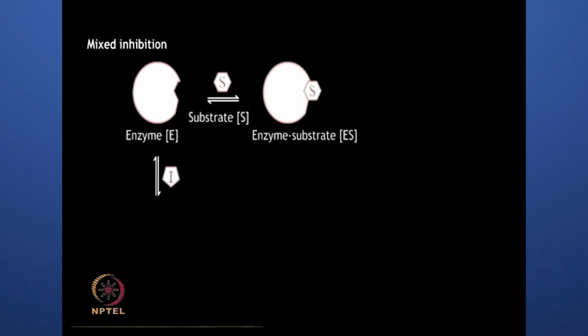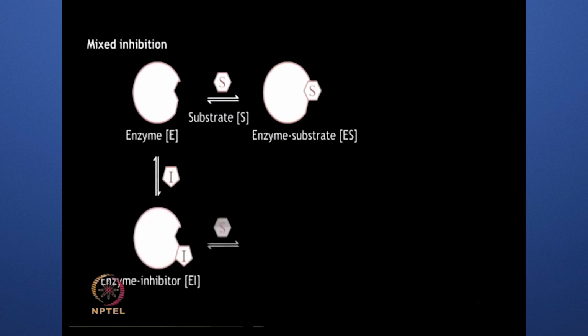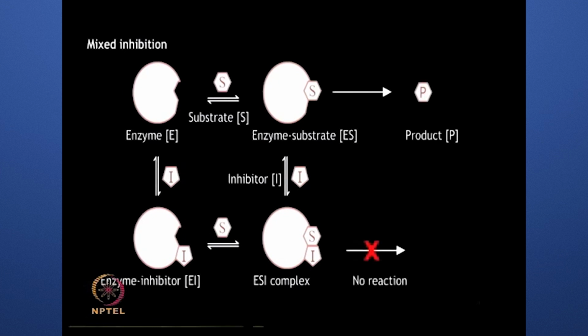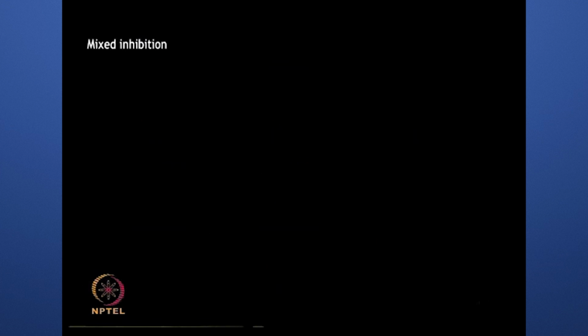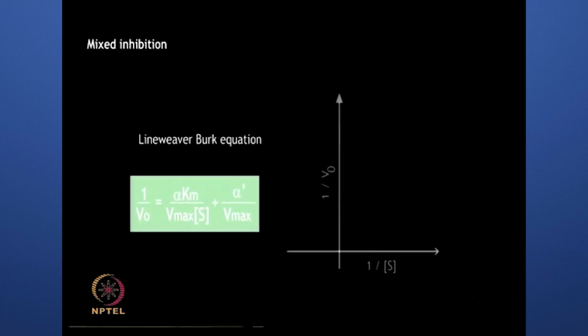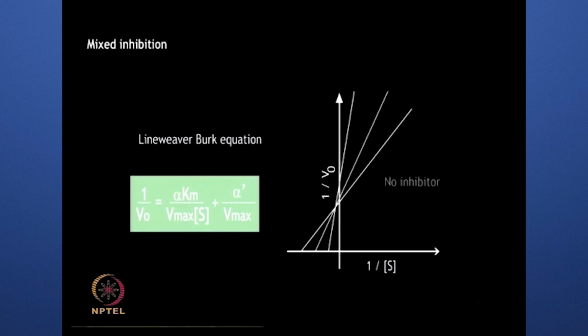Binding of either one brings about conformational changes in the enzyme structure, thereby affecting binding of the other. This inhibition can be reduced, but not overcome, by increasing substrate concentration. Both Km and Vmax are altered in this type of inhibition.